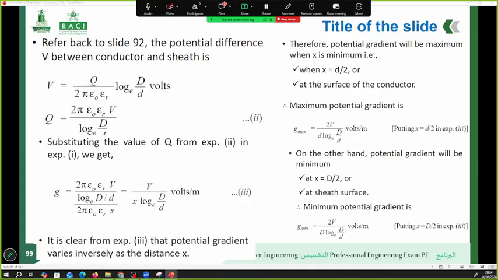To improve performance and reduce the risk of insulation failure, we often employ insulation grading techniques. So in summary, the dielectric stress in a single core cable is maximum at the conductor surface and minimum at the shields, which is a fundamental principle in the design of HV power cables.